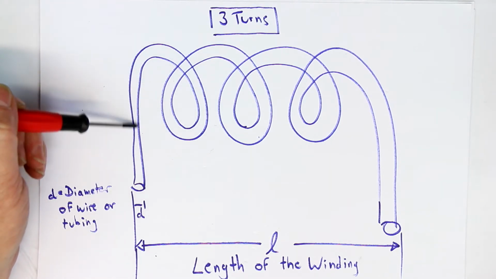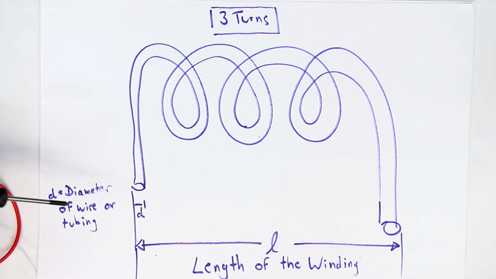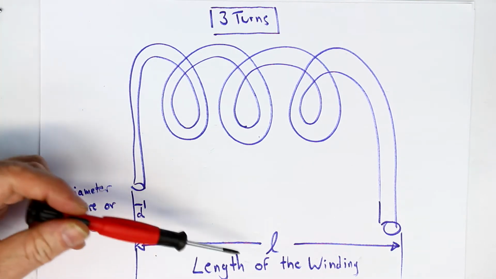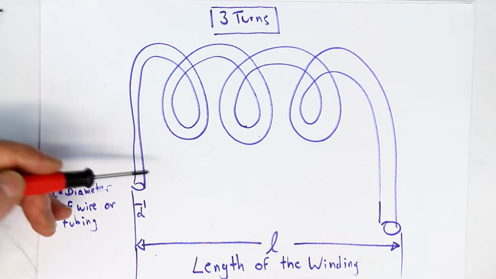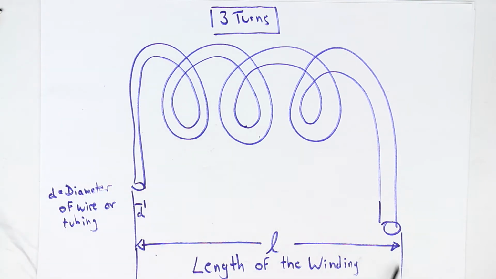Well, I've tried to draw a 3 turns loop antenna, and we have now one parameter left, and that is the length of the winding, which in our spreadsheet counts from the left end to the right end of the winding. And of course you have to watch out. We have already chosen a diameter of the wire, or of the tubing in our case, of 20 millimeters.